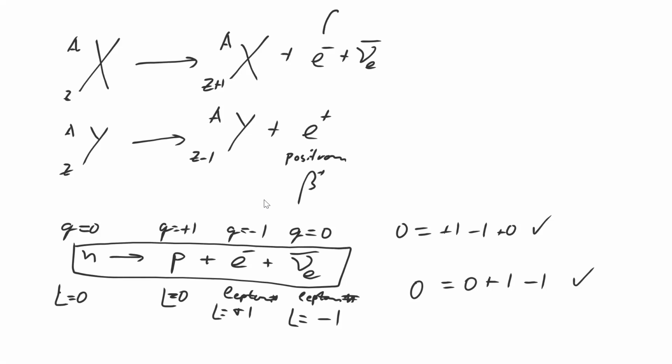Sometimes these are also called beta plus or beta minus in this context, but they are just electrons. The positron here is an antiparticle, and so I need to balance that with a particle emitted together with it. Lepton numbers -1 and lepton numbers +1 respectively.